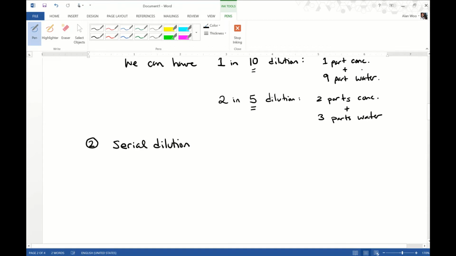Okay, so serial dilution is a method of diluting, so it's a method of dilution using volume to volume ratios in a systematic kind of way.